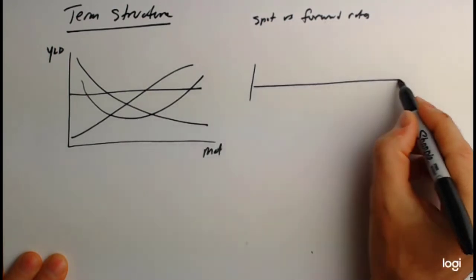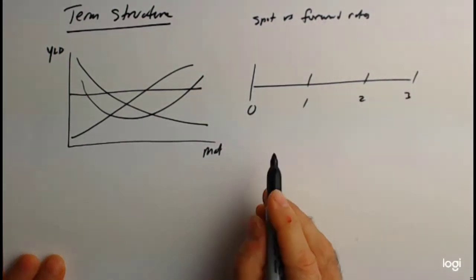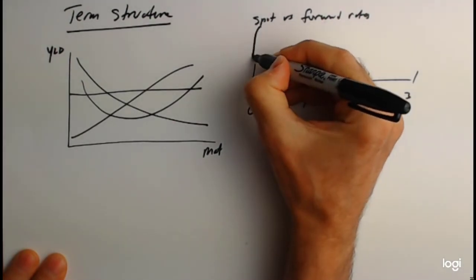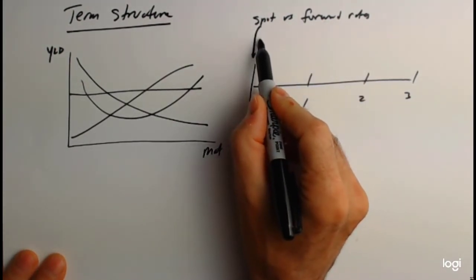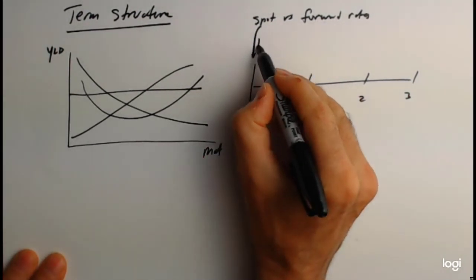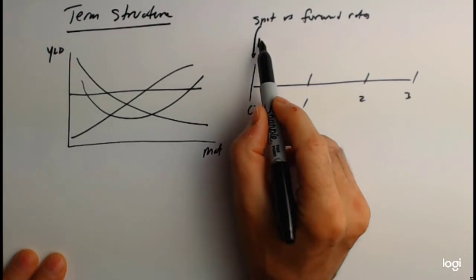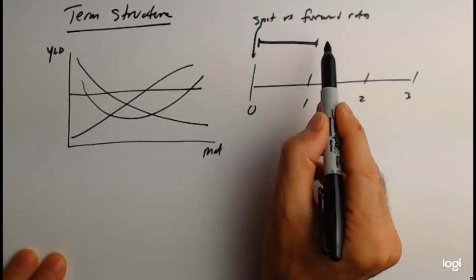So here's how to do it. Spot rates happen right on the spot. What I mean by that is the time period that interest rate covers starts right now. So if you have a 1-year spot rate, it would cover the next year.